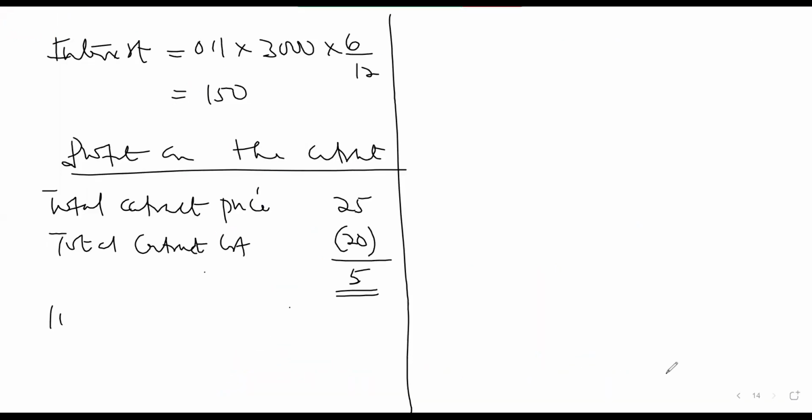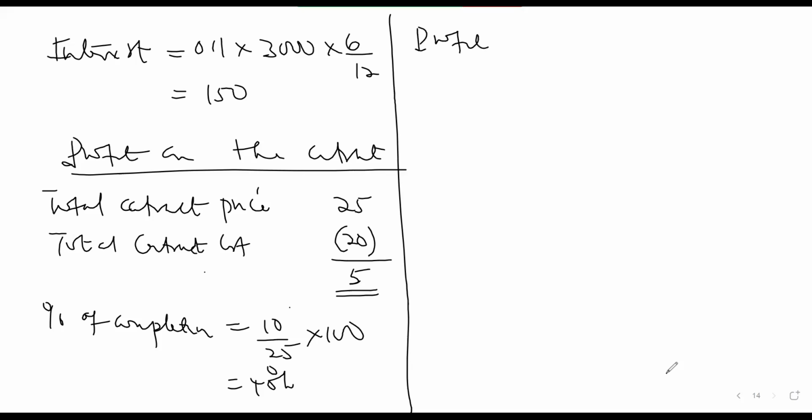So what will be the percentage of completion? 40%. Okay, that will be 10 over 25 times 100, isn't it? Yes. Okay, we have completed only 40% of the work, so we can only recognize 40% of the profit.